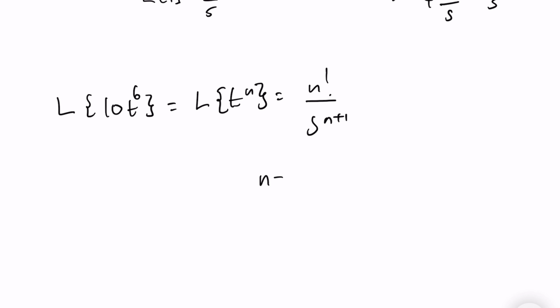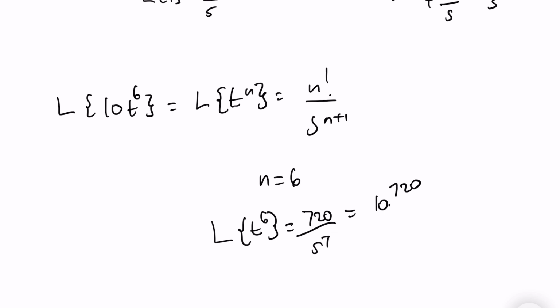So for n equal to 6, the Laplace transform of t to the power of 6 is equal to 720 divided by s to the power of 7. So the Laplace transform of 10t to the power of 6 is equal to 10 multiplied by 720 over s to the power of 7, which is 7200 over s to the power of 7.